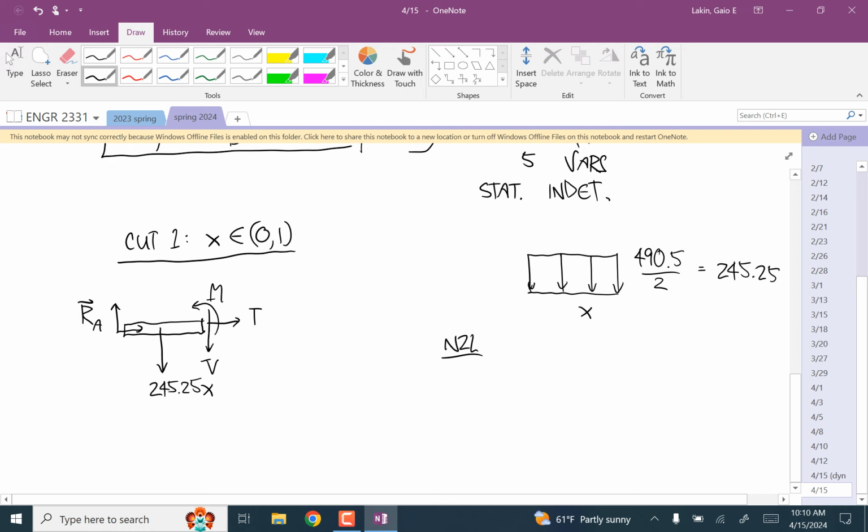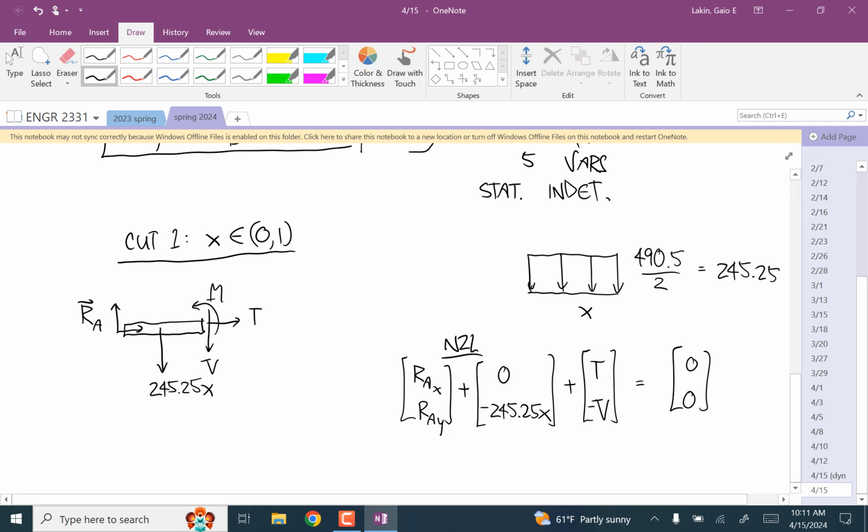Newton's second law says RAX, RAY plus 0, negative 245.25x plus T, negative V is equal to zeros.